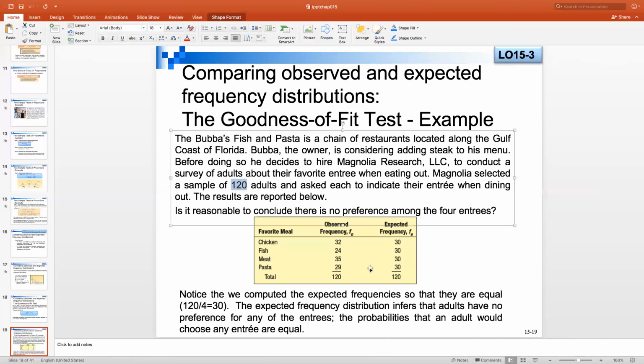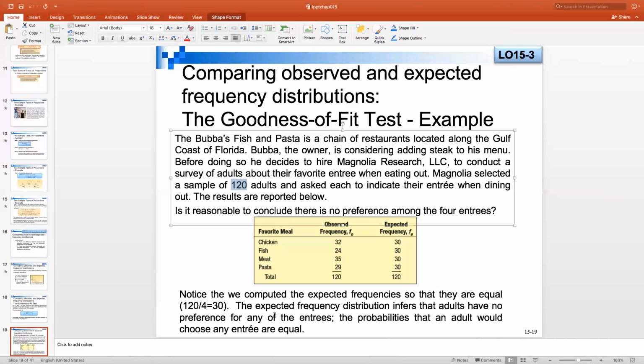So there you go. Now, after the survey was done, here's the actual distribution. Instead of 30 people liking chicken, 32. Instead of 30 people liking fish, 24 did. And instead of 30 people liking meat, it received the highest number, 35, which is what Bubba wanted to see, actually, because he wants to add meat to the menu.